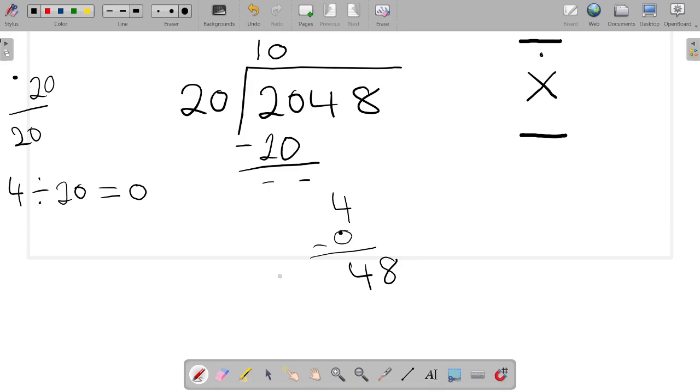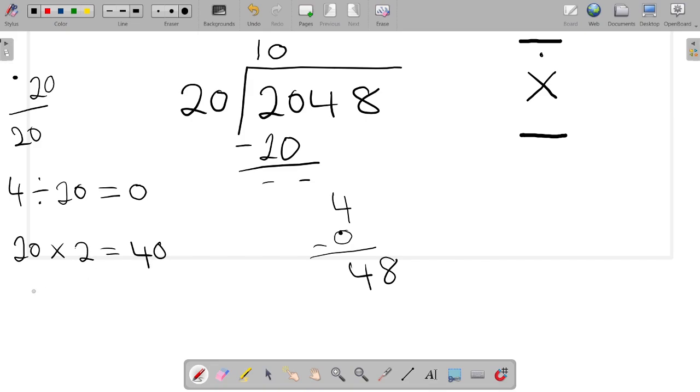Now find out how many times 20 goes into 48. You can do that by taking some numbers and multiplying them by 20. 1 times 20 is 20, but let me increase it a bit. 2 times 20 will give you 40.